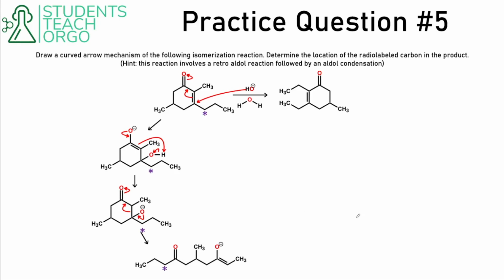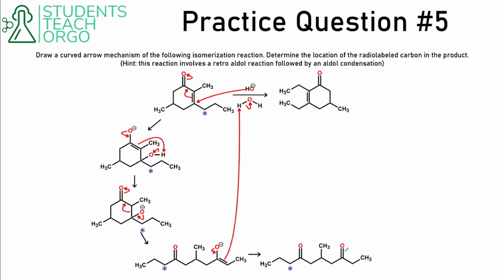Once we get to here, we're going to want to take apart that enolate to go back to a ketone. So now we have two ketones, and let's go back and just take a look at that radiolabeled carbon, right? The radiolabeled carbon was right here, and we formed a ketone, so it should make sense that that radiolabel is one carbon away from that ketone. So it's right here, it's right here.